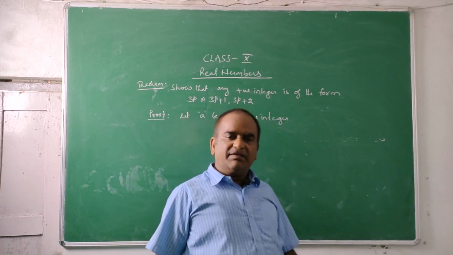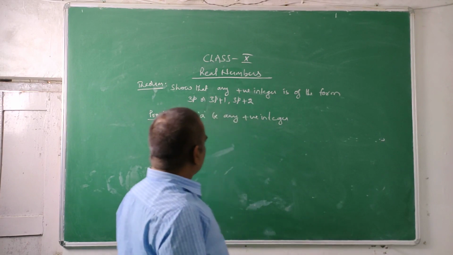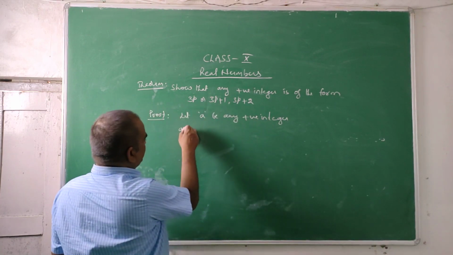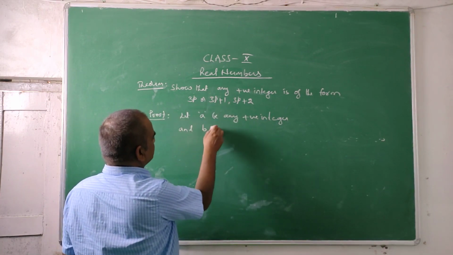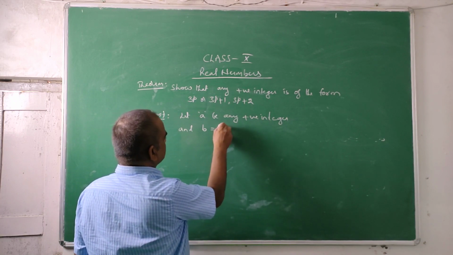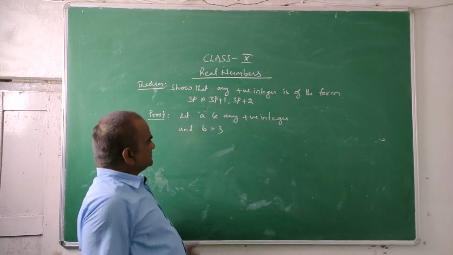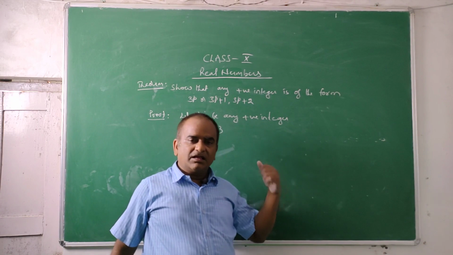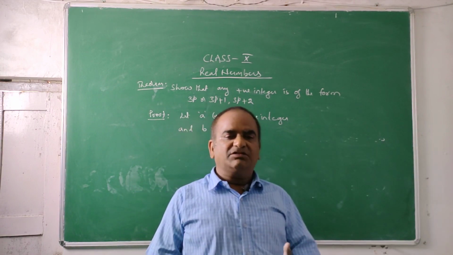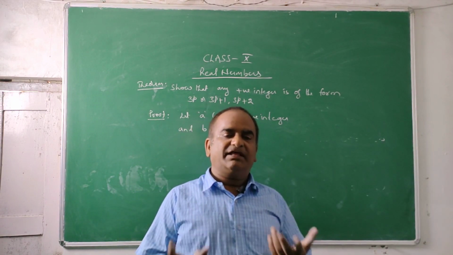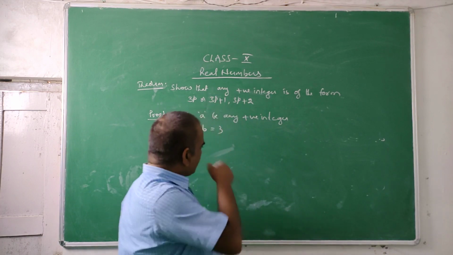Let a be any positive integer, and b is equal to 3. So a is any positive integer and we are taking b is equal to 3.